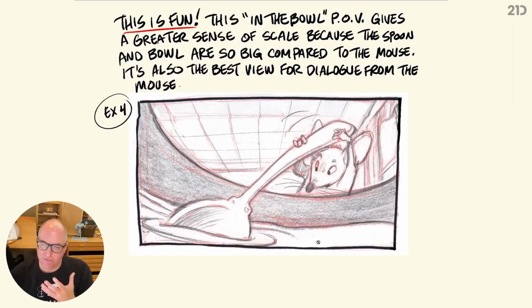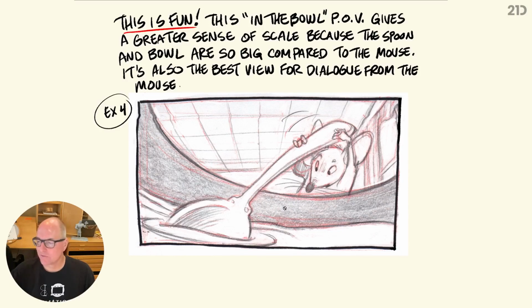Oh, now this is a fun one, right? So we're in the bowl looking out at him. So it's almost like the camera is right there with whatever he's making. This is a great view to show scale, because now look at how big that spoon looks. It's in the foreground. We're breaking up the frame in an interesting way with the dynamic of the bowl. We're also showcasing him. We're really front on him.